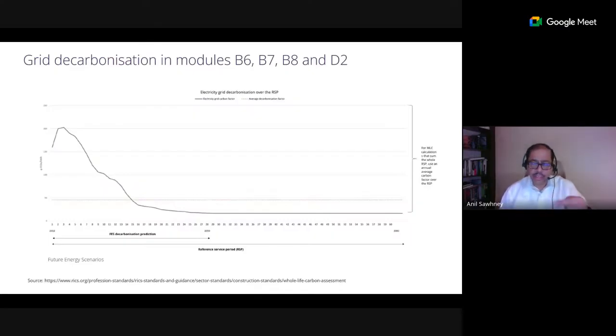So when you are estimating 60 years from today, should you consider that the energy that you purchase is as dirty as it would be today?